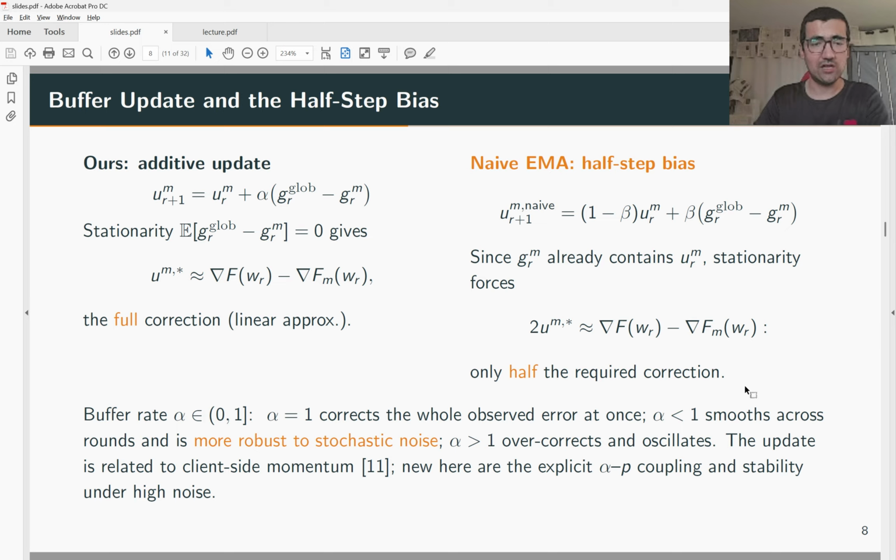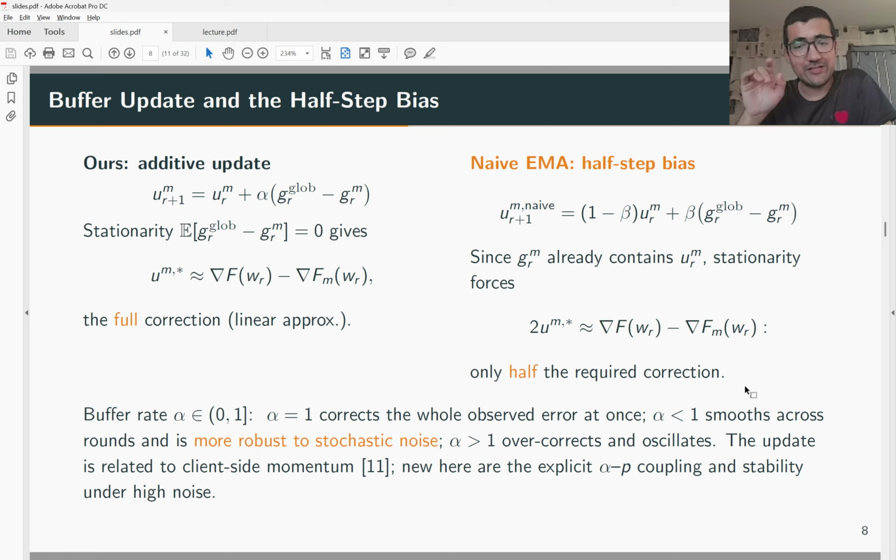One more word on alpha: setting it to 1 tries to fix the whole observed error in a single round, while smaller values smooth the estimate over rounds and are much more robust to stochastic noise. Values above 1 overcorrect and oscillate, so we never use them.